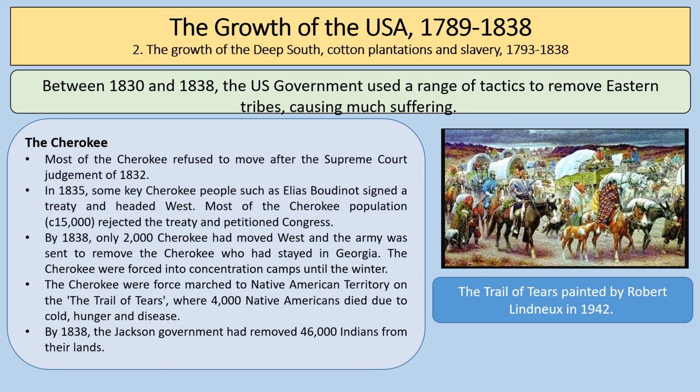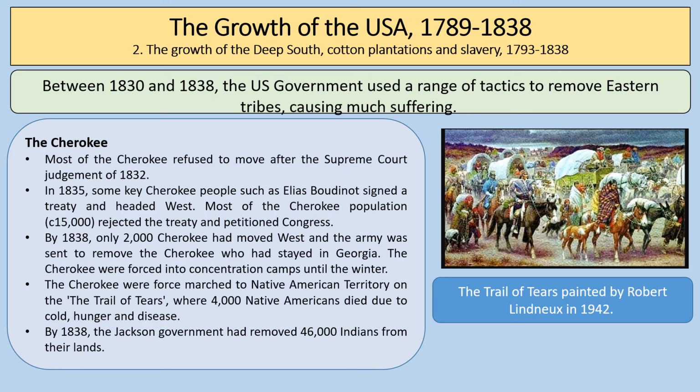Okay, and finally the Cherokee. Most of the Cherokee refused to move after the Supreme Court judgment of 1832. In 1835, some key Cherokee people, such as Elias Boudinot, signed a treaty and headed west. Most of the Cherokee population rejected the treaty and campaigned to Congress. By 1838, only 2,000 Cherokee had moved west, and the army was sent to remove the Cherokee who had stayed in Georgia.